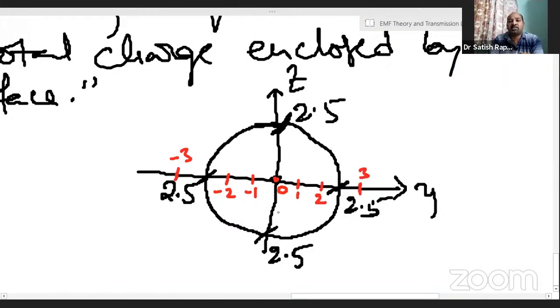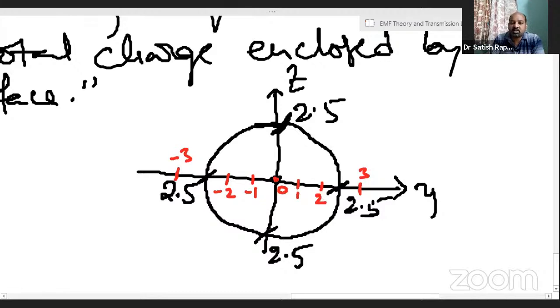At these points, the charges were located. So if you observe, there are 5 charges located inside, and 2 charges located outside.